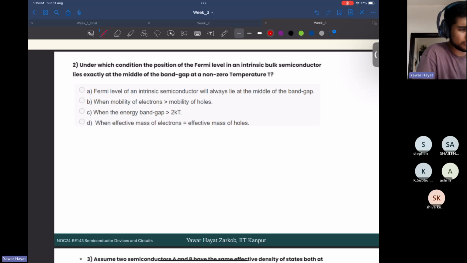When the position of Fermi level in an intrinsic bulk semiconductor lies exactly at the middle of the band gap, right? The intrinsic level, EI, it should coincide with EI. Obviously at a non-zero temperature T. Shailendra says the answer is D, when effective mass of electrons is equal to effective mass of holes.